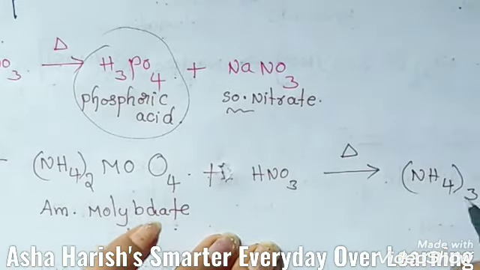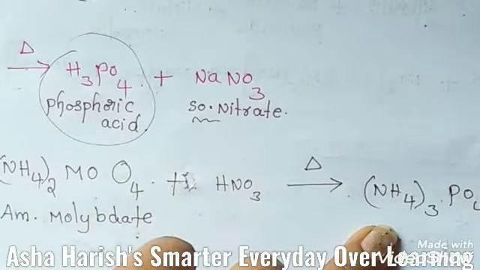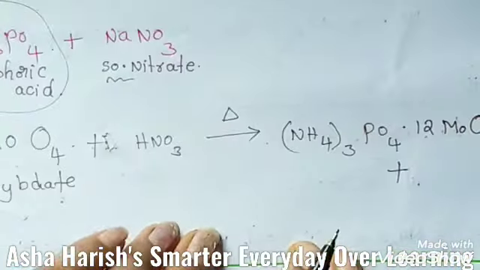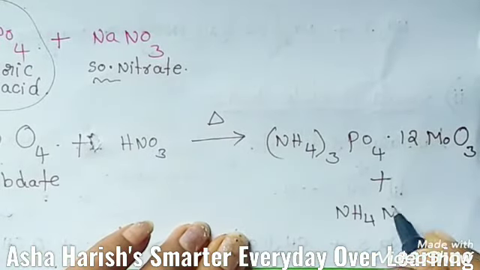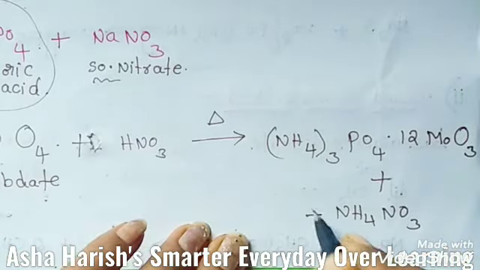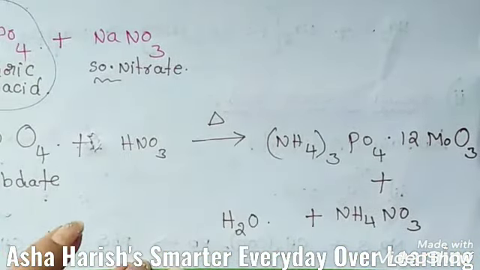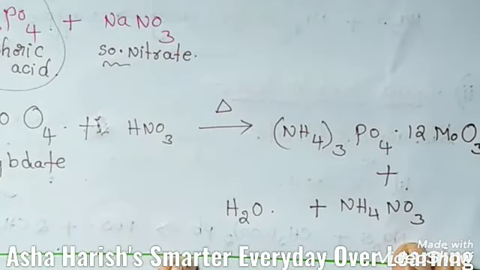(NH4)3PO4.12MoO3 plus NH4NO3, ammonium nitrate, along with water. These are the products. Now we can balance this.